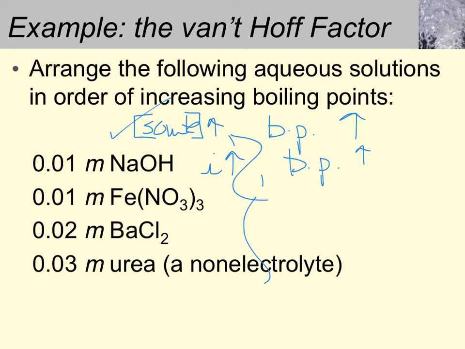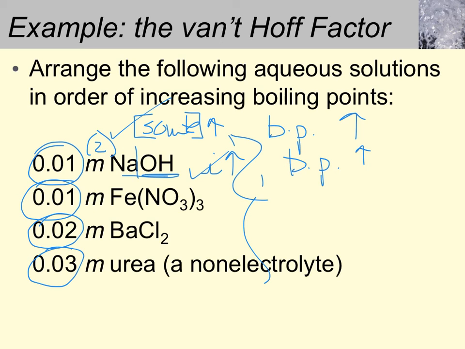So both the concentration and the value for I are going to affect how much the boiling point increases. So what I usually do on this type of problem is I multiply the concentrations by the I factor. So what's the I factor for NaOH? It's 2, because that'll separate into sodium and hydroxide. Polyatomics stay together as one unit.